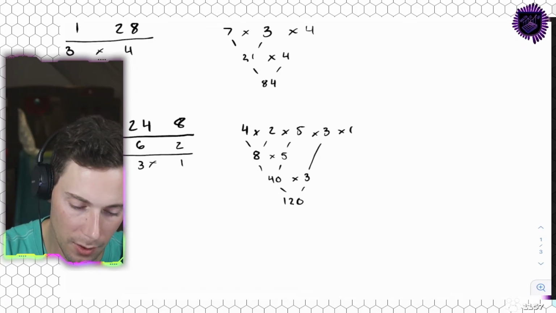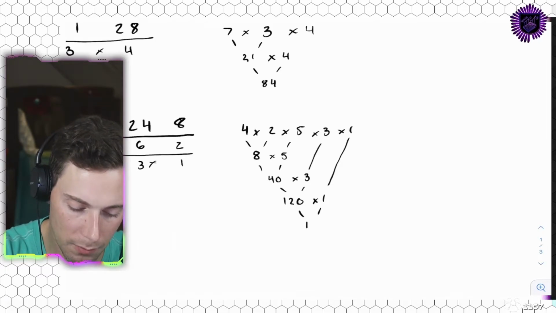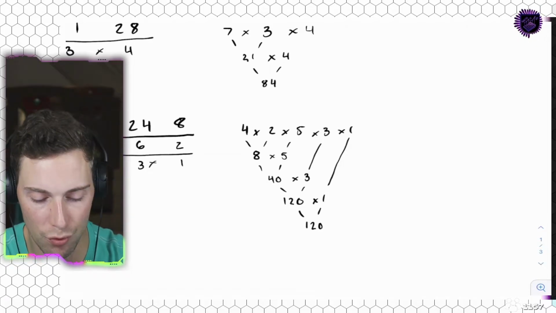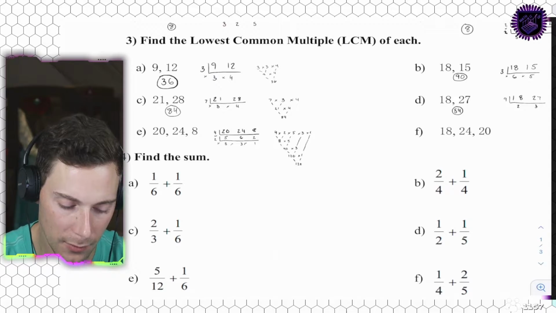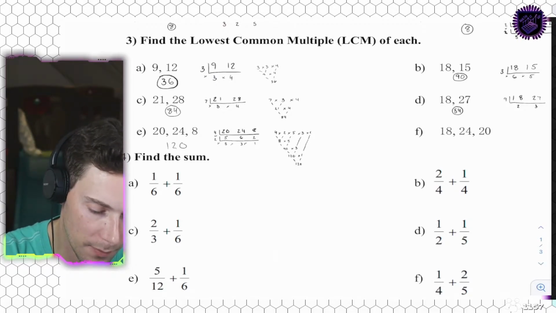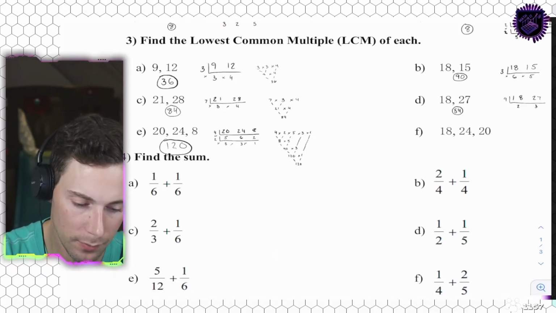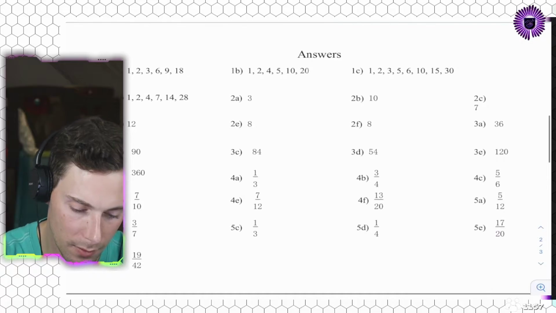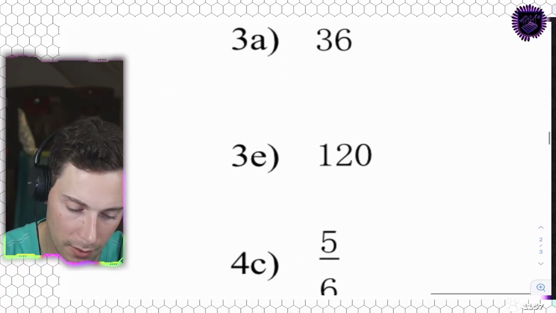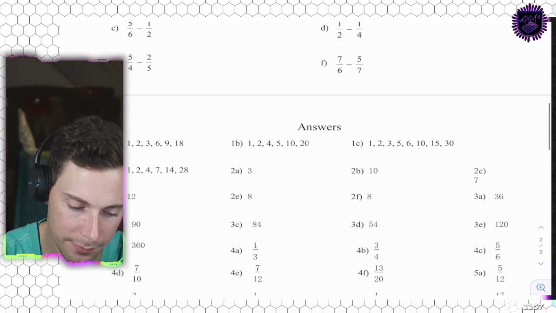And we'll drop down our 1 just because we should. 120. 3E is 120.